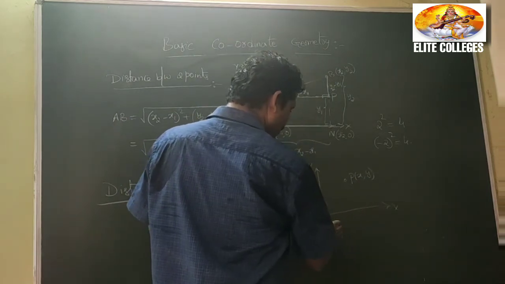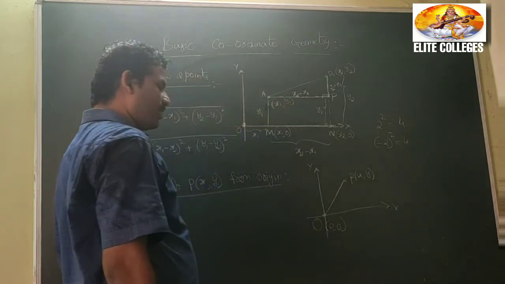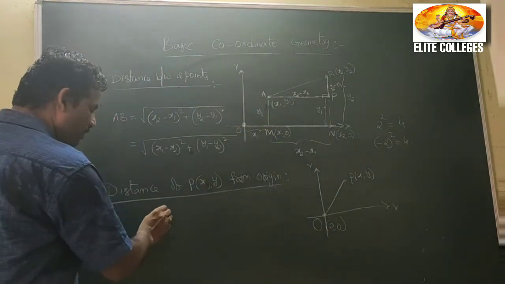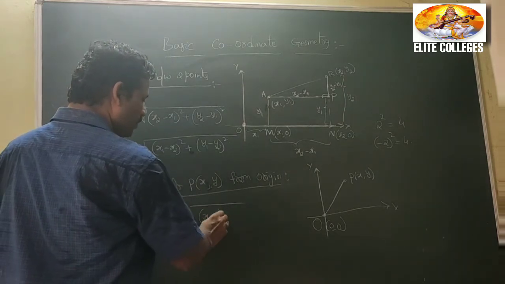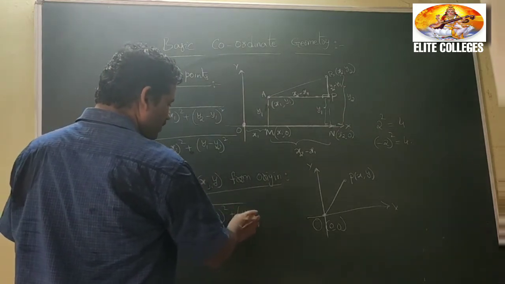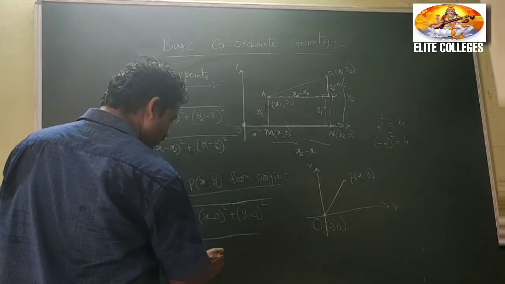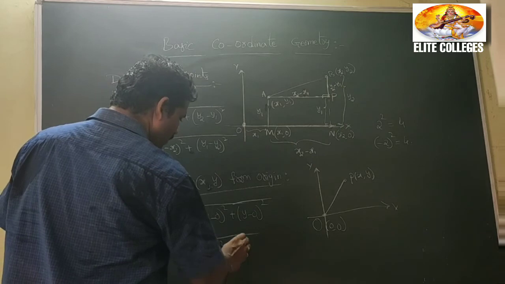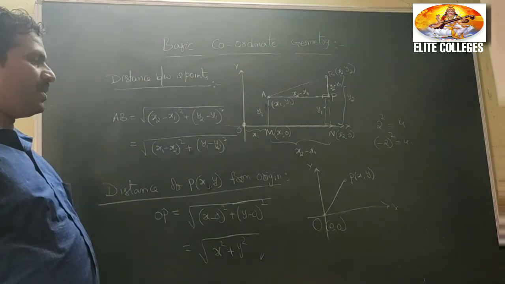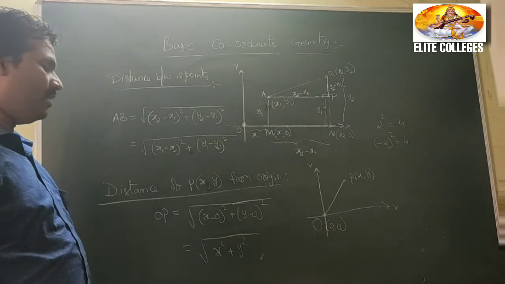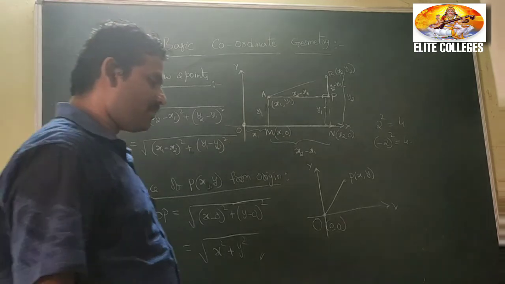This is the origin 0, 0. So find the distance between these 2 points. OP equals square root of x minus 0 whole square plus y minus 0 whole square. That equals square root of x square plus y square. That is the distance of P of x comma y from origin.